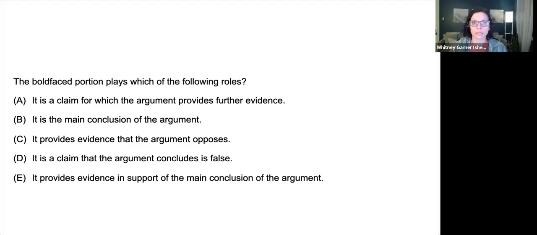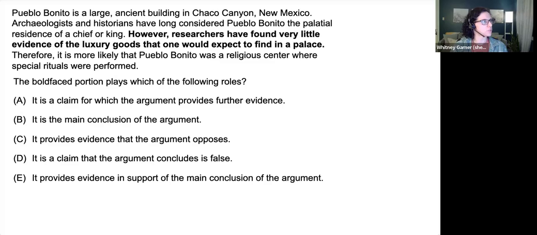Okay, so one way of handling these is, again, we read, and our first job is just to determine whether the bold is a fact or a belief. Let's get it into one of its two main categories.